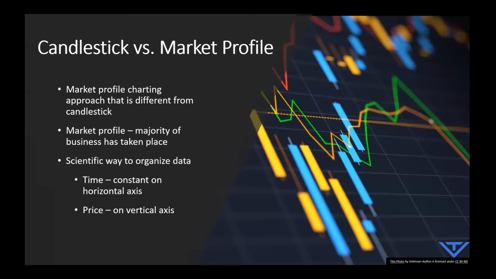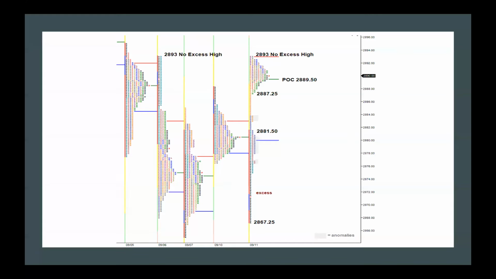But what we want to know is how much volume was traded at what price, because you have supply and demand. So as a trader, I would rather know how much volume was traded at the most consistent price, which is what we're going to look at as the point of control as we get going. Now, if you wanted to look at what a typical market profile chart looks like, here's what one looks like.